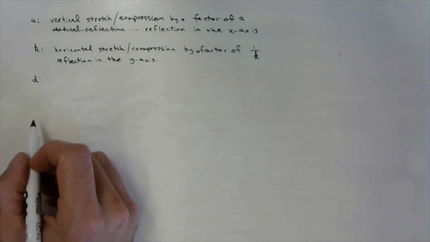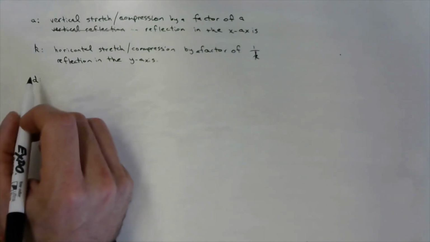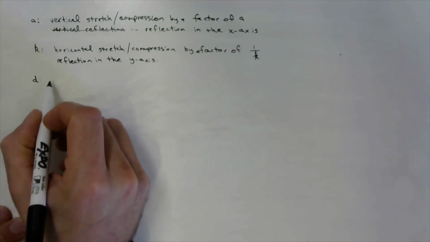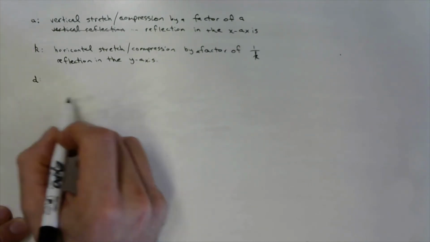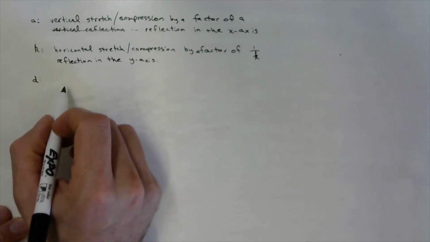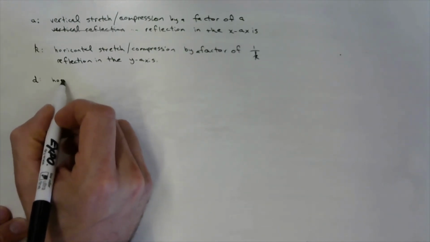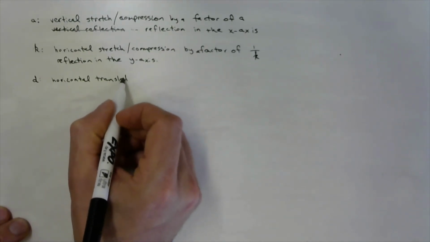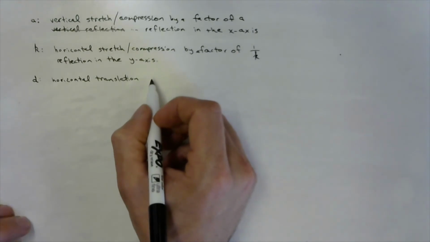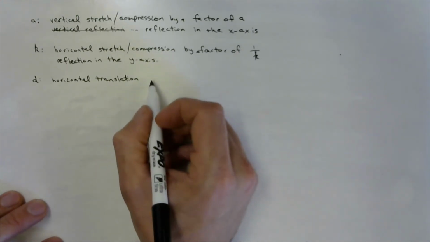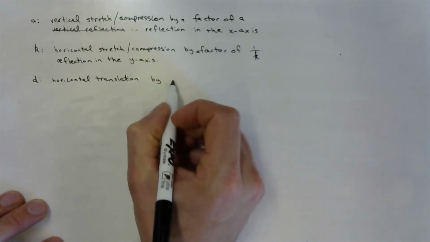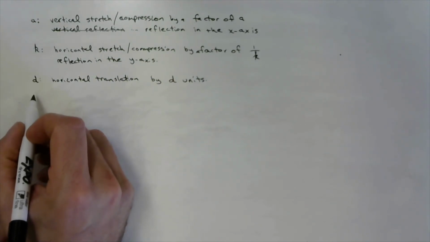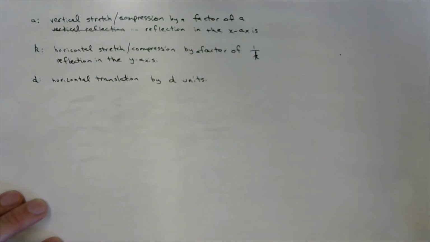Then we have our translations, D and C. D is with X inside that bracket, so whatever X is, it's going to add or subtract things to move it left or right. So D is a horizontal translation by D units, I suppose you could say. In grade 11 functions, the right term is phase shift.